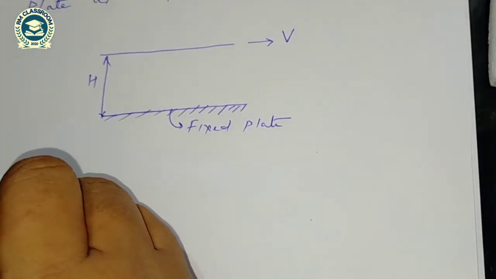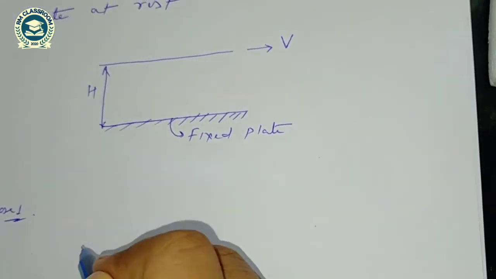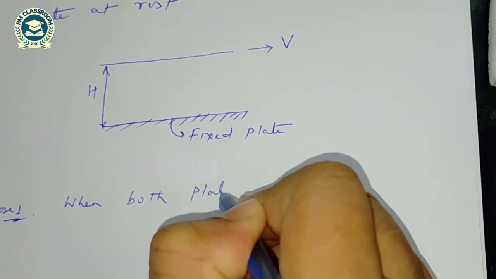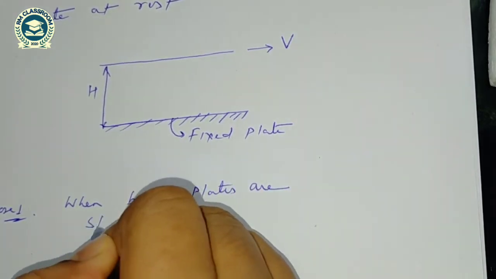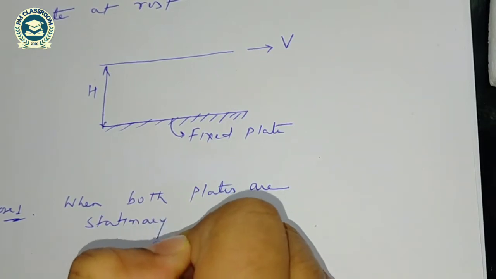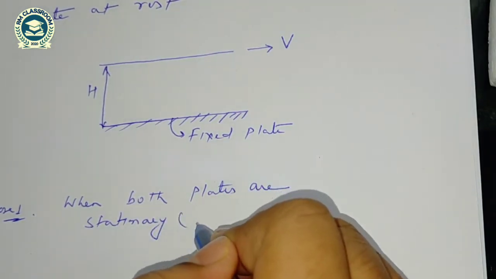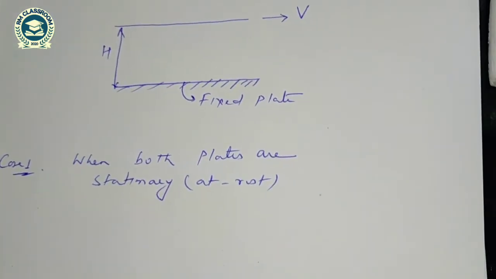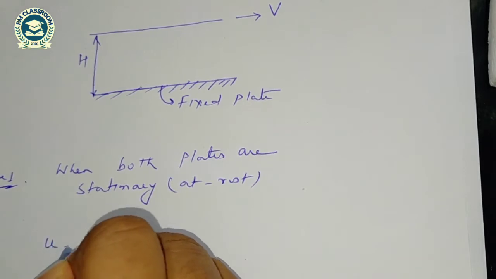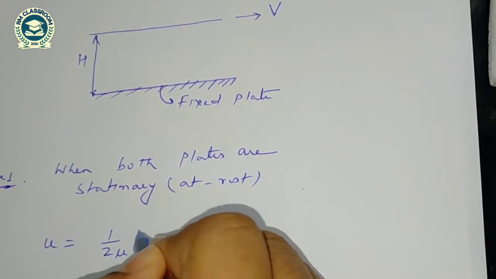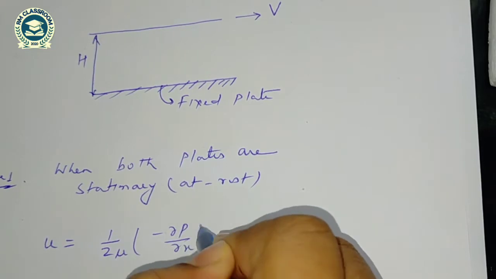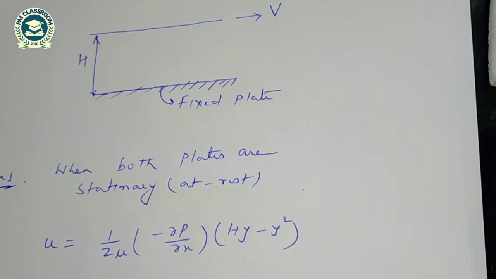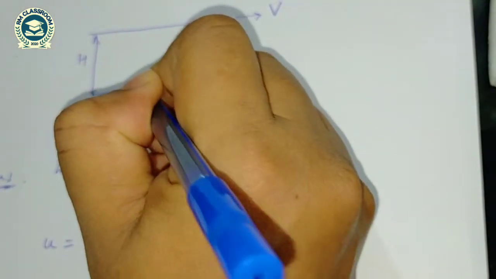So case 1, what we have seen in the previous class, when both plates are stationary or at rest: the expression of velocity is u equal to 1 by 2 mu into minus del p by del x into (hy minus y square), where y is the distance.